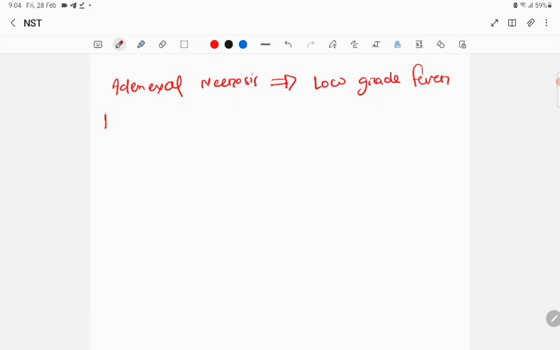What is the pathophysiology behind ovarian torsion?